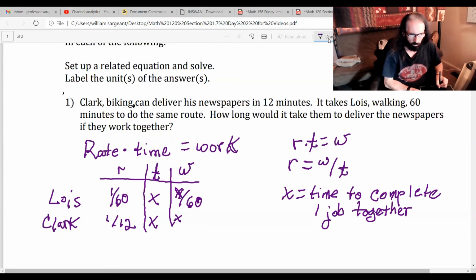And for Clark, the amount of work he would get done in X minutes would be X over 12.